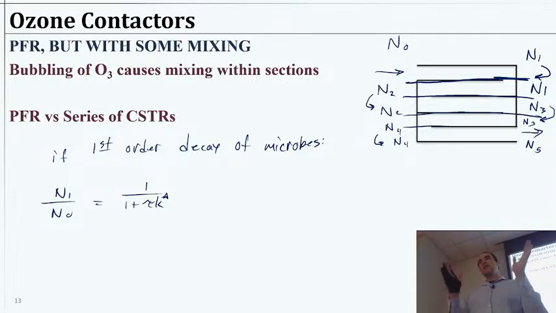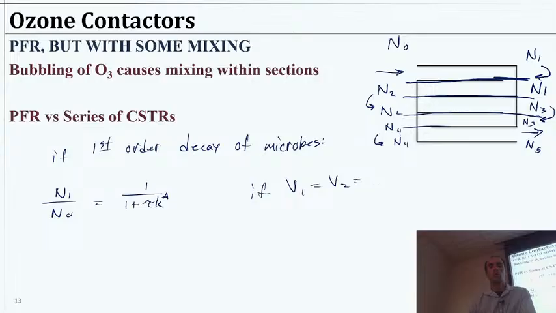And so if we divide this up into equal segments, flow rate's constant, the volume of each segment is the same, we could conclude, like we've talked about before, if V1 equals V2, then N5 over N naught would be 1 over 1 plus tau K star, raised to the 5th power, right?